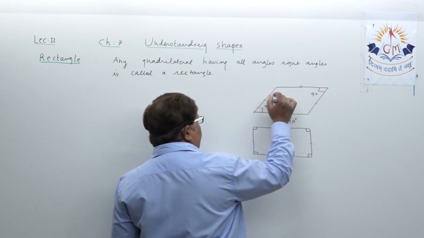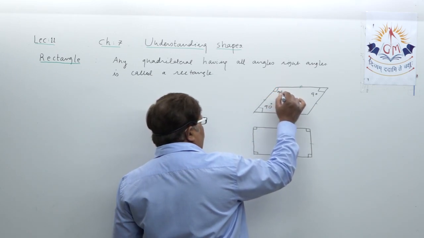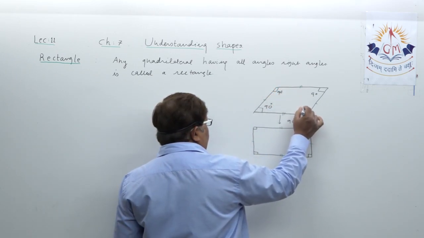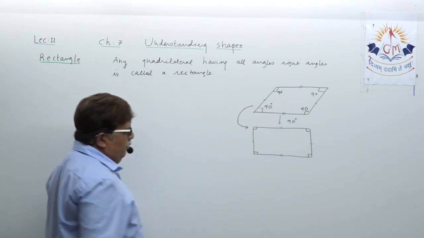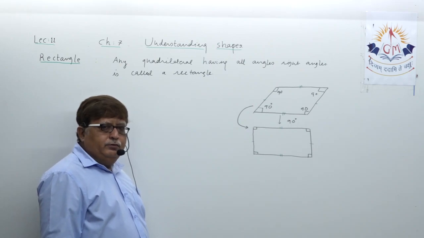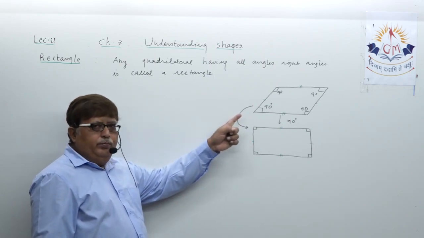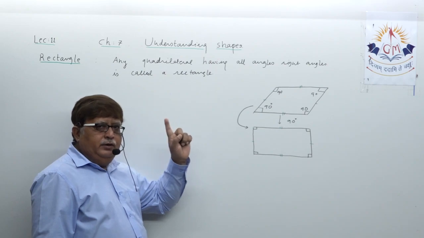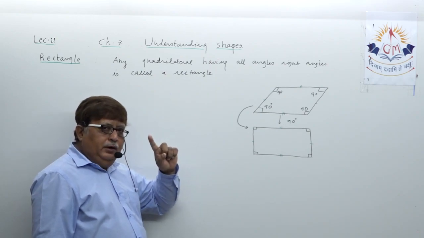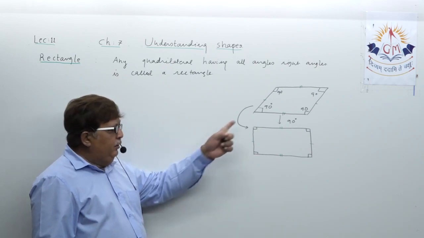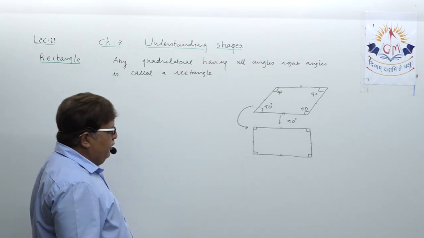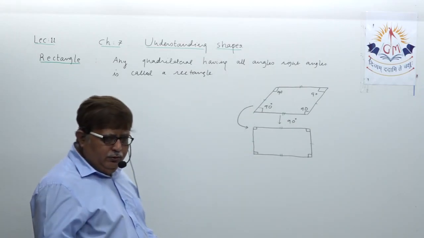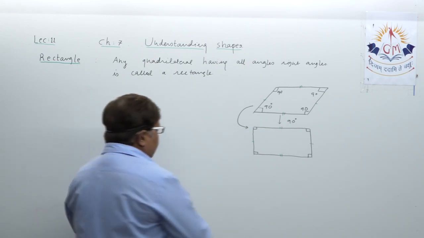Adjacent angles are supplementary, so this is 90, this is also 90. That means, dear student, one statement for true or false, that a parallelogram having any one angle right angle becomes a rectangle. Understood? This statement, please you quote down. Understand what I spoke?